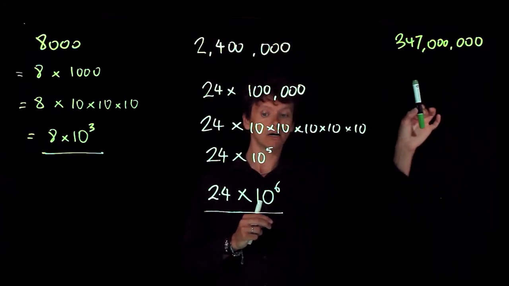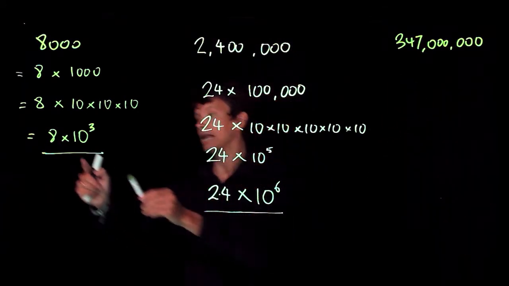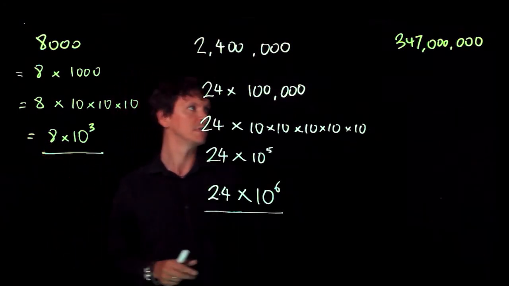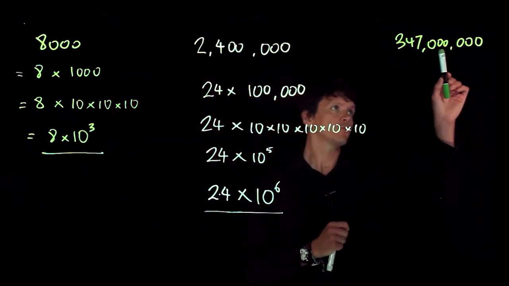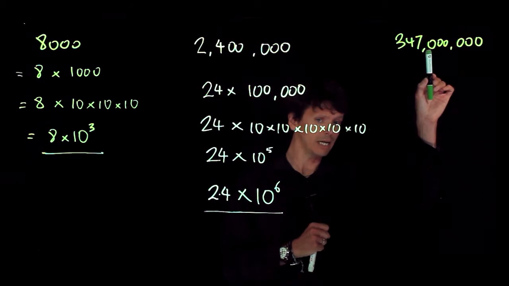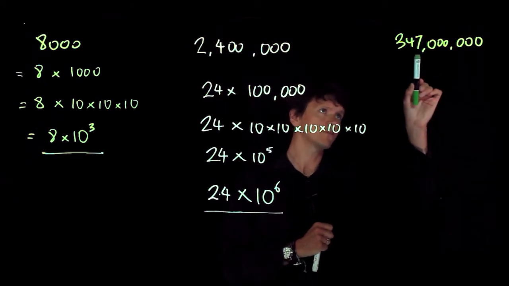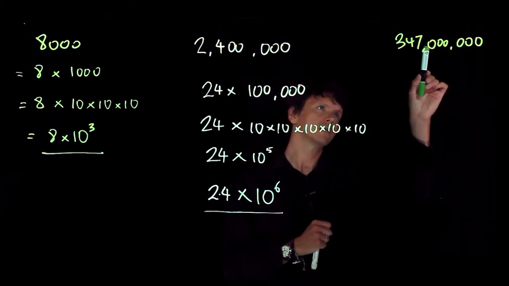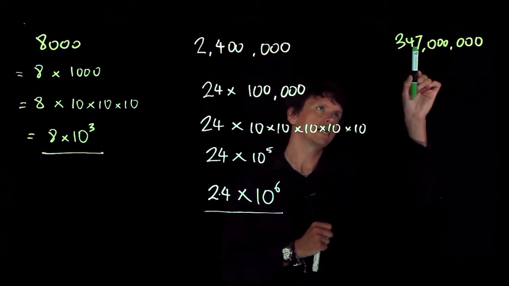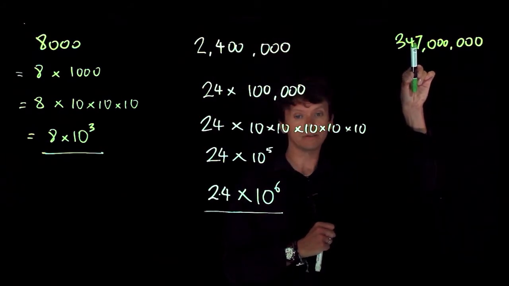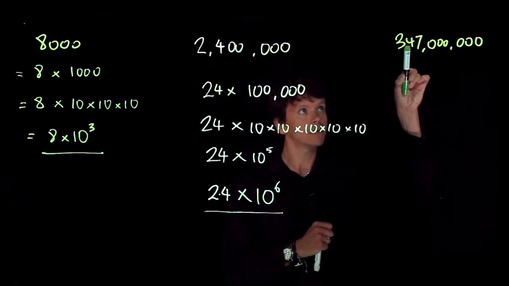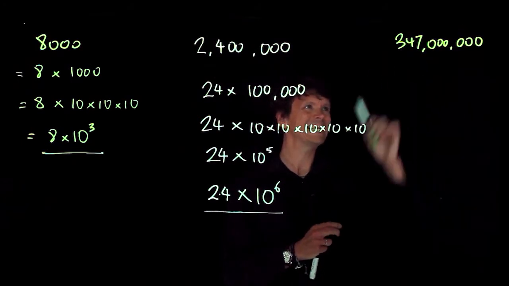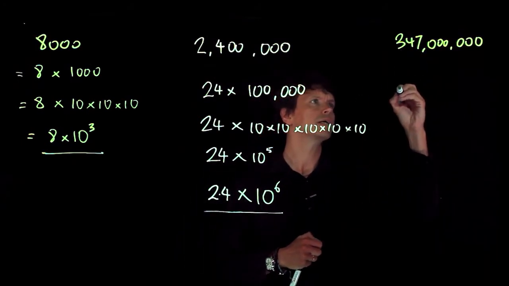And the number that we're going to start with has got to be less than 10. So 347, well, that's not less than 10, so we're not going to start with 347. Supposing we brought a decimal point in here, 34.7, it's not less than 10.